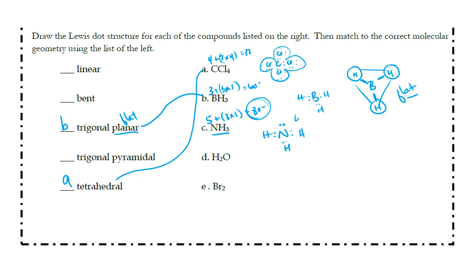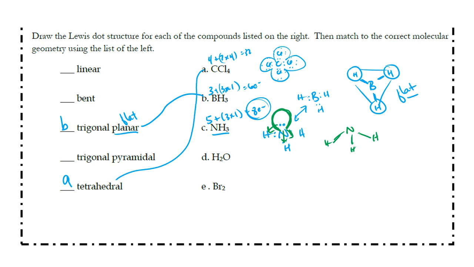So even though these two guys look similar, I've got boron with 3 hydrogens, I've got nitrogen with 3 hydrogens. The difference is that most amazing, it's so amazing, it needs another color, pair of non-bonding electrons. This pair of non-bonding electrons on the nitrogen is going to push those hydrogens down. And so instead of having a flat triangle, we're going to have a pyramid.